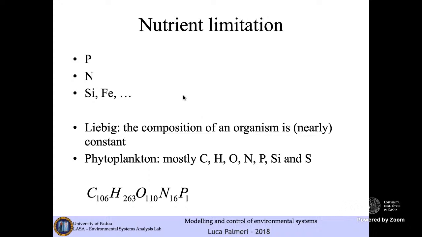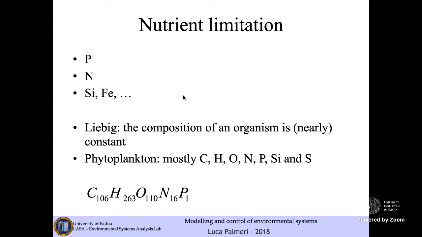So besides the optimality condition linked to temperature and the presence of the basic resource in terms of energy, that has to do with light, with solar radiation, you shall also take into consideration that the availability of nutrients, like for example phosphorus, nitrogen, silicates, iron, and other elements, may be also significant in order to influence the growth rate of the algal population.